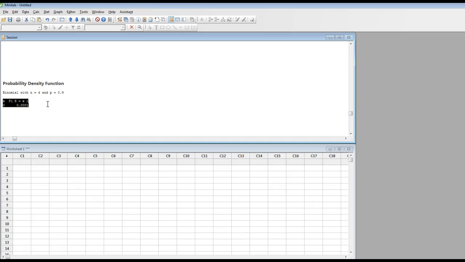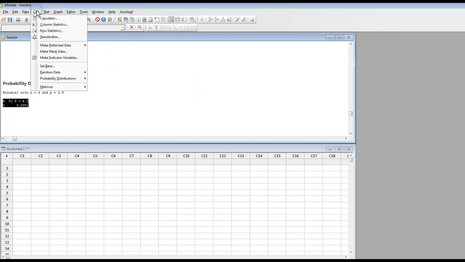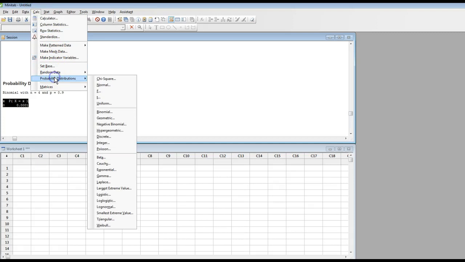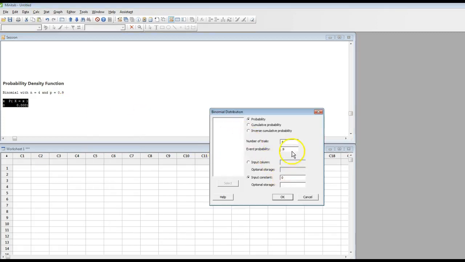Again, this is very, very easy to do in Minitab. We're going to go to the calculator, to the probability distribution, to the binomial. And we're going to change that to 4; the number of trials is still 4, and the event probability of success is still 0.9.